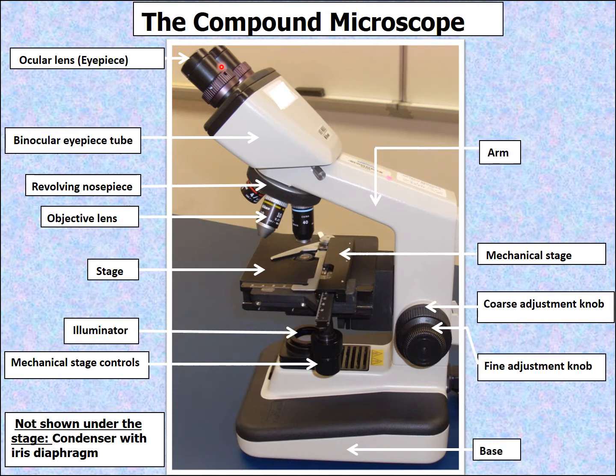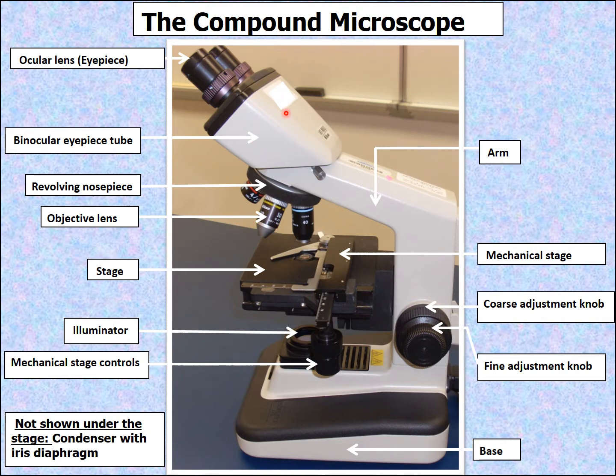So you adjust it so that it is comfortable for you to look through it using both eyes. I've seen so many students use only one eye. You set the distance so that you can comfortably look with both eyes. No need to strain. Now, this is the binocular eyepiece tube.